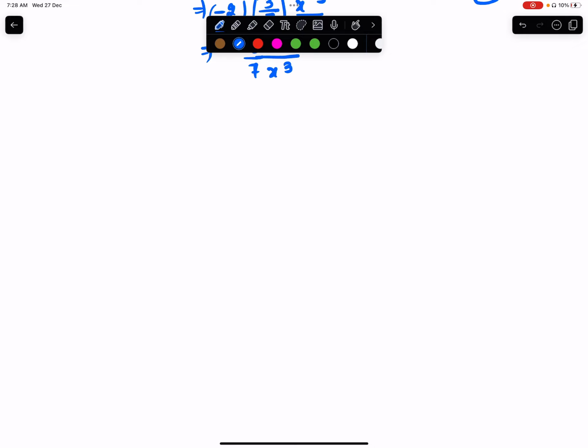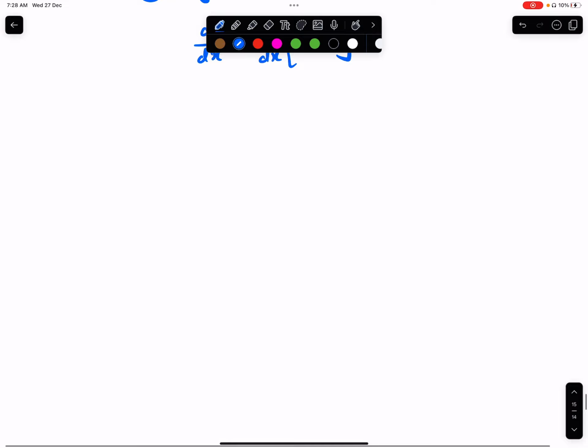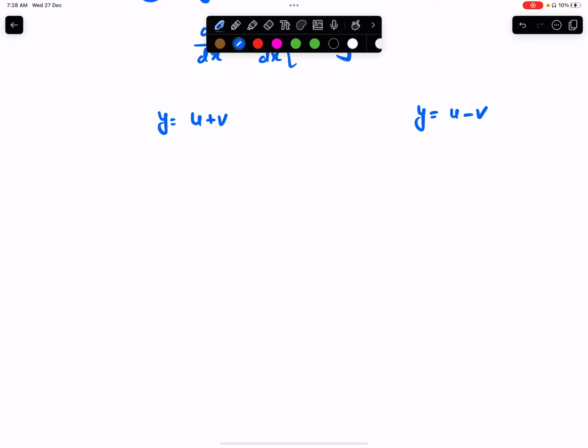So another property is the fifth property, that is y equals u plus or minus v. How will we differentiate that? dy by dx is d by dx of u plus or minus v. So this is summation and difference. Here we write y equals u plus v, and here y equals u minus v.